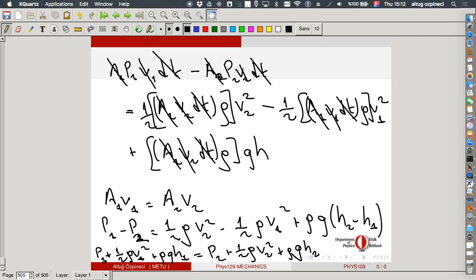This is the final expression we have: the pressure at a given point, add 1 over 2 the density times the speed at that point squared, plus the density times the gravitational constant times the height of that point. If you evaluate this expression at one point, and at a second point, they should be equal.